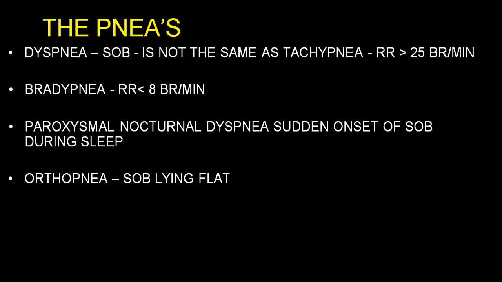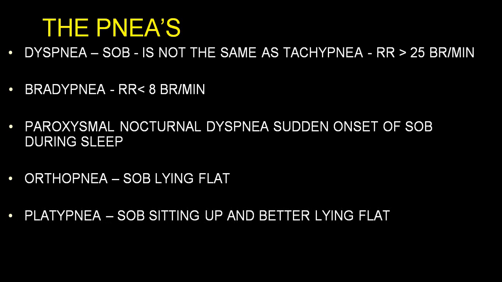We'll be discussing it in detail when we come to the cardiovascular system. Orthopnea is when the person goes to a supine posture. Within a few seconds, the person becomes markedly breathless and has to sit up. He cannot continue lying down flat. That is orthopnea. Platypnea means the person is more breathless in a sitting up posture and is better in a lying down posture.